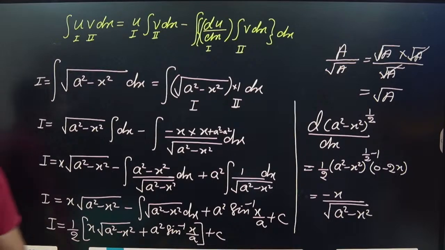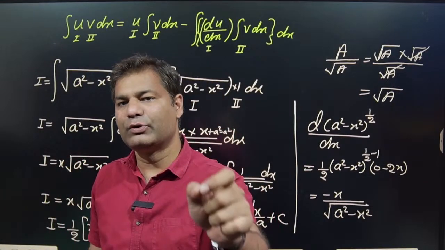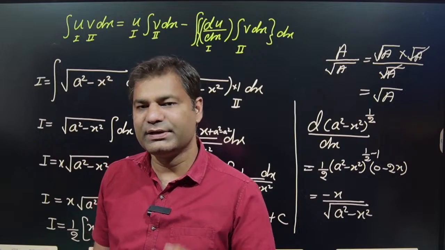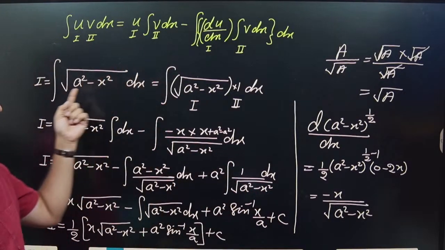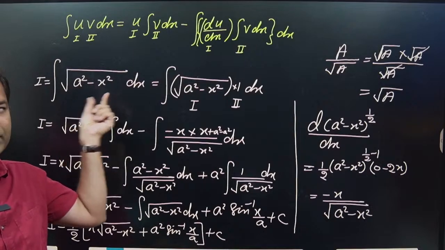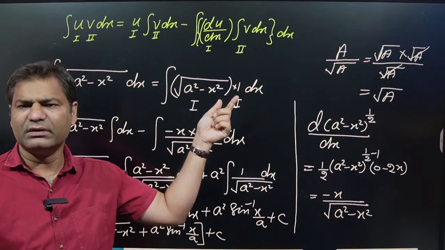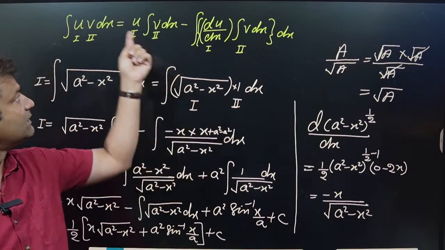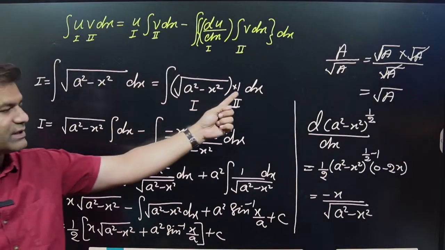Is that clear or not? How can we integrate the integration of under root a square minus x square dx? Simply using the formula. If this one is considered the first function and 1 is considered the second function, then first into integration of second.